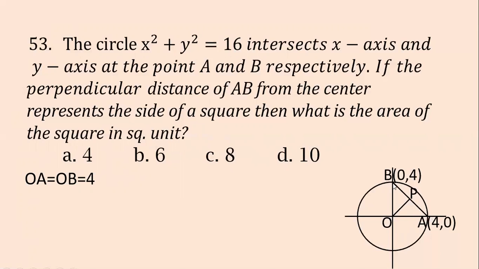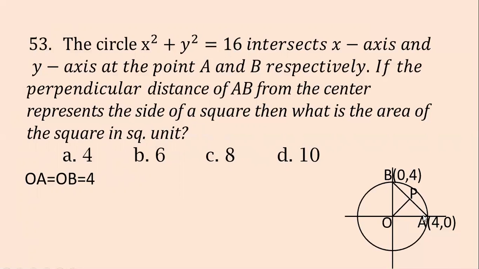Here OA is equal to OB is equal to 4. Now it is a perpendicular, so the angle at B and the angle at O, these two are equal, and as it is 90, this is 45, this is 45. So OP and BP are equal.